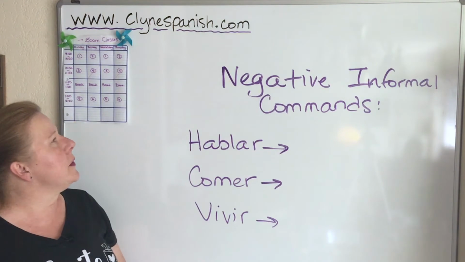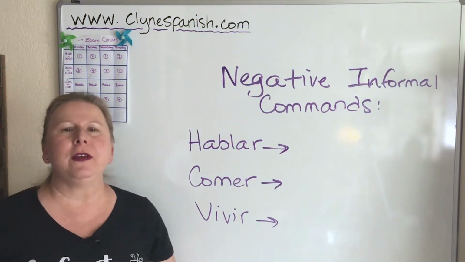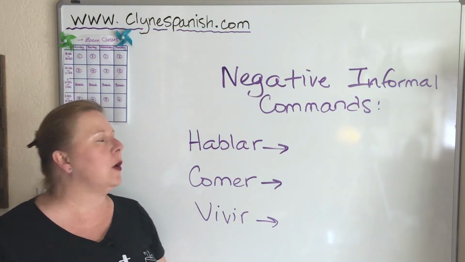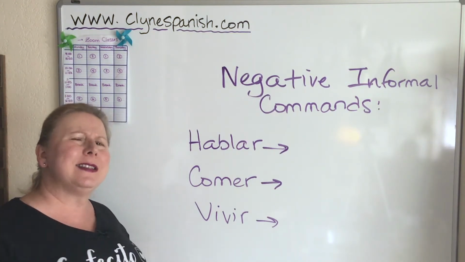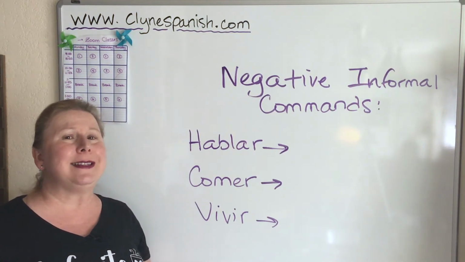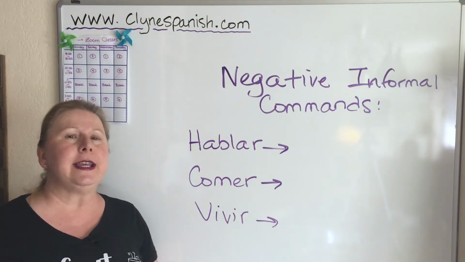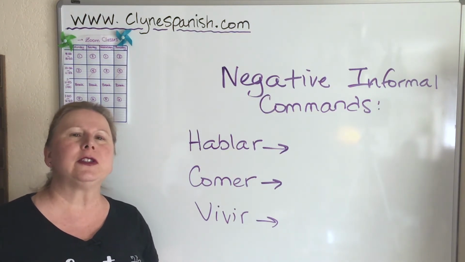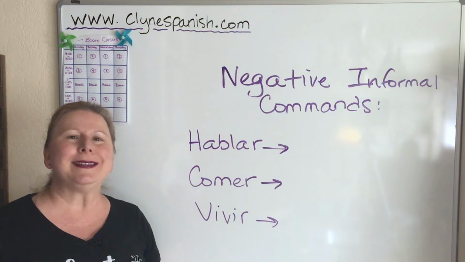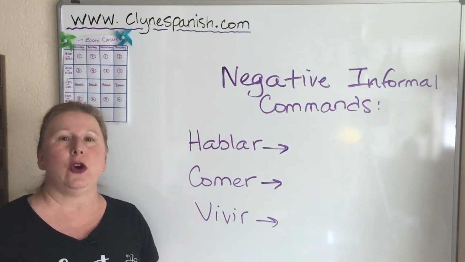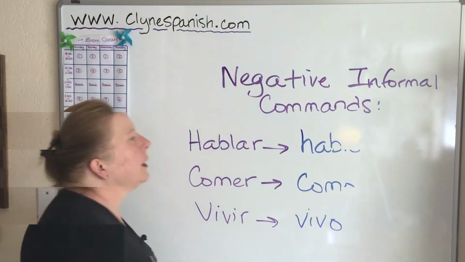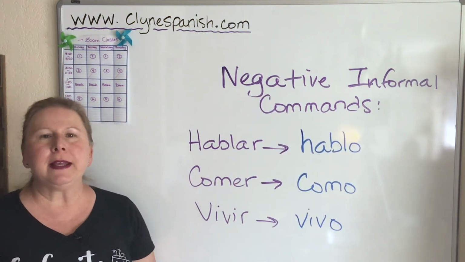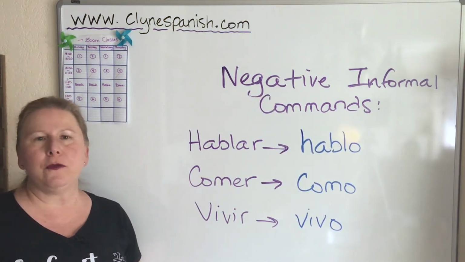Okay, clase. So let's talk about negative informal commands. All right. So again, I have my top 3 verbs here. This is a little different. The first thing you're going to do is start with the present tense yo form. So negative commands start with the present tense yo form.